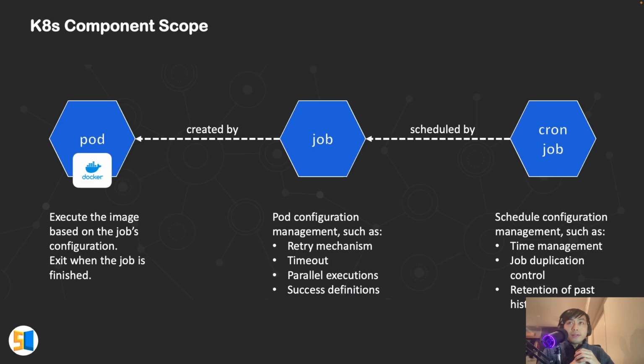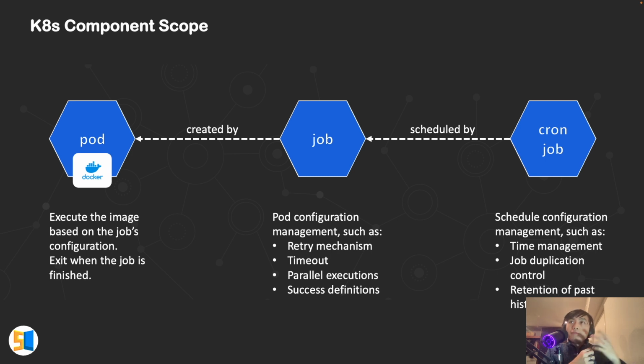So in this diagram, I'm going to show you the component scope of creating Cron-Jobs. If you see the far left, we have Pod. Pod is basically a component in Kubernetes that will run or execute our containers.